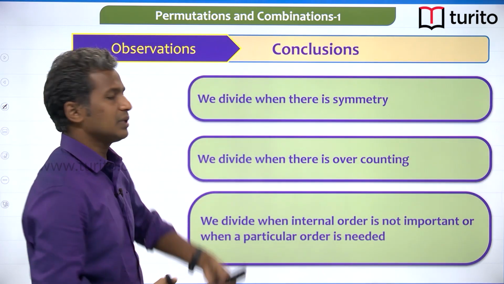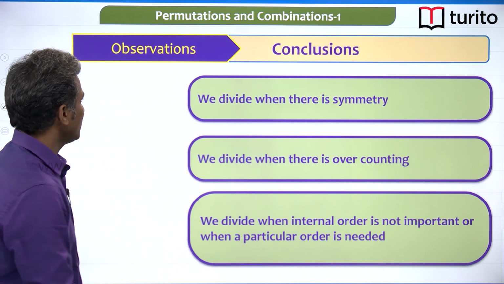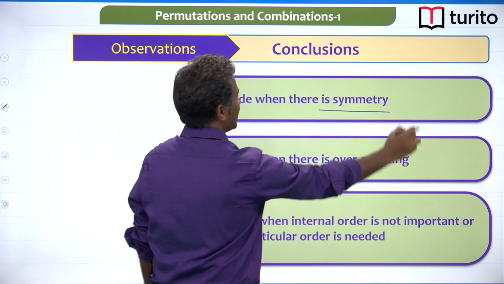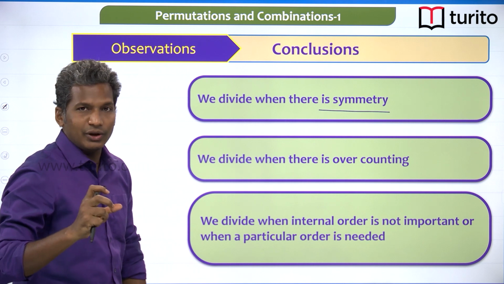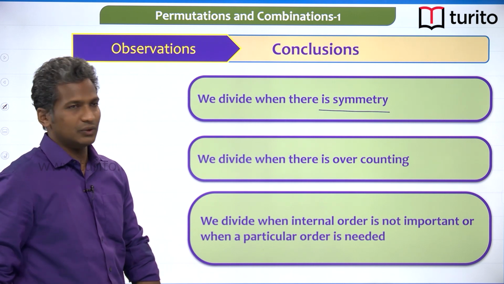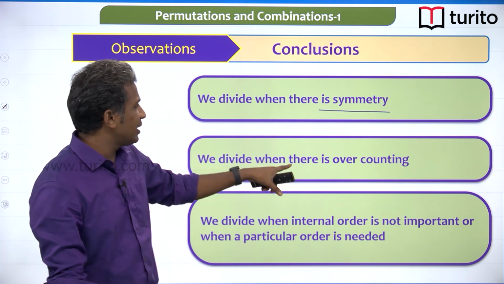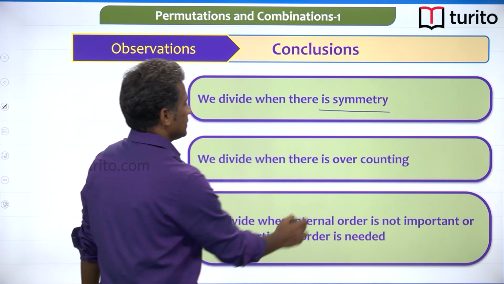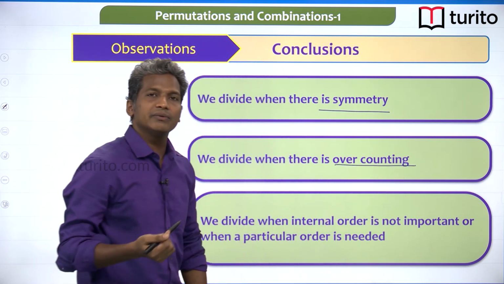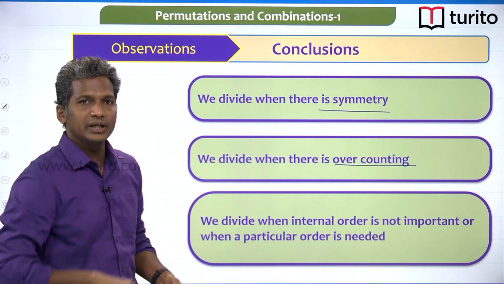So, let us make some conclusions based on that. We divide when there is symmetry, but remember that we have to quantify that symmetry. And we divide when there is over counting. When there is over counting, to balance the over counting we divide.